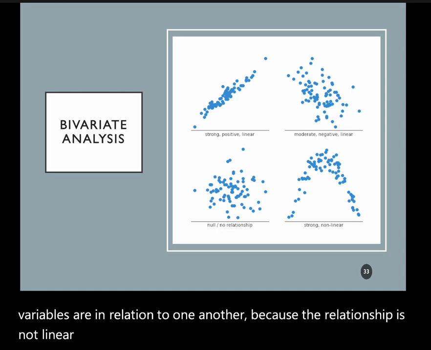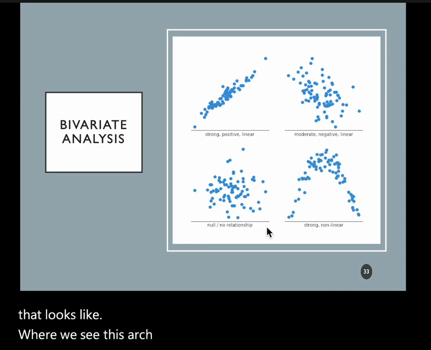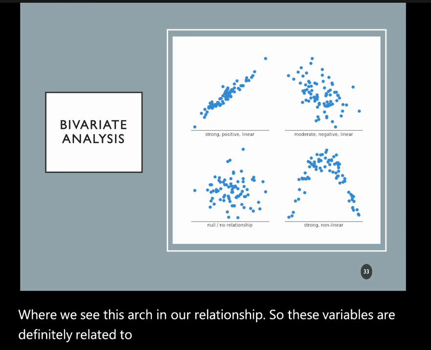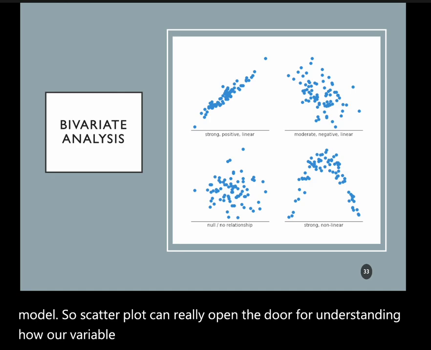It's not a straight line. Here's an example of what that looks like, where we see this arch in our relationship. These variables are definitely related to one another, but not in a standard linear model. So a scatter plot can really open the door for understanding how our variables are in relation to one another.